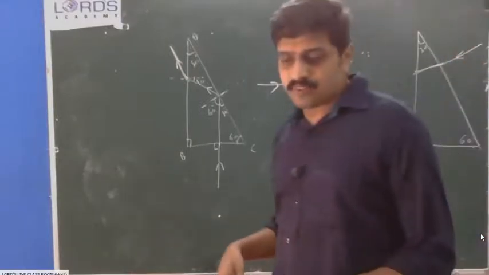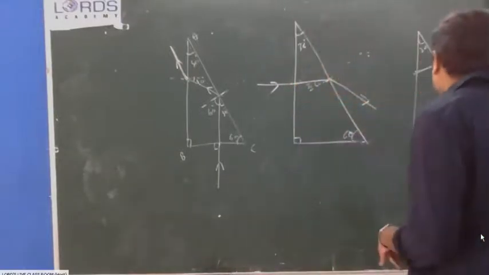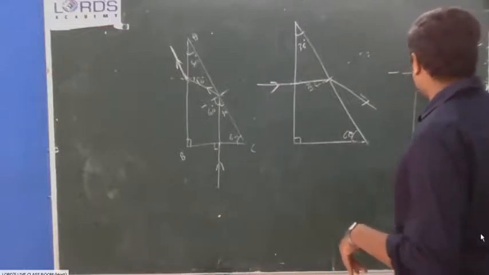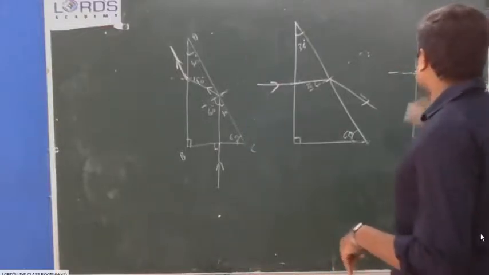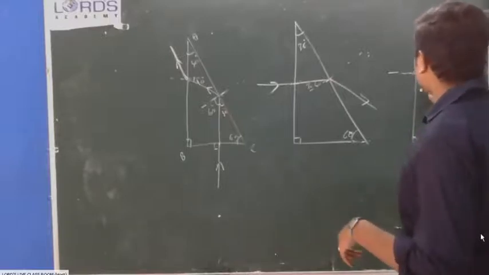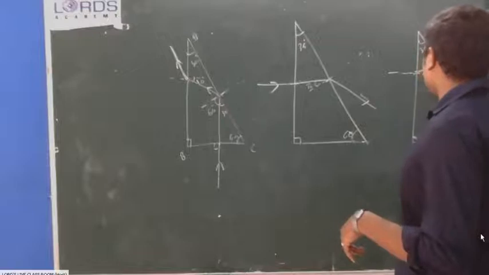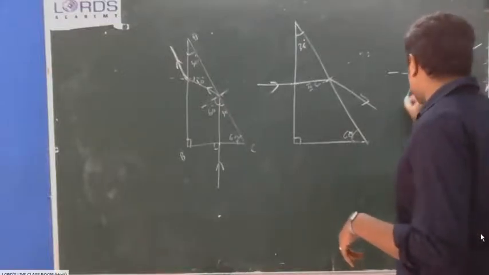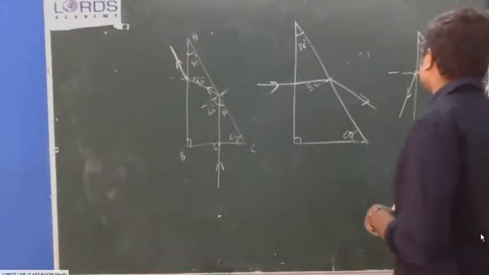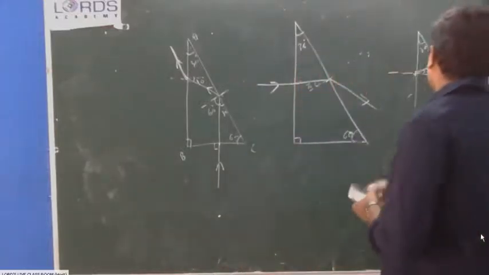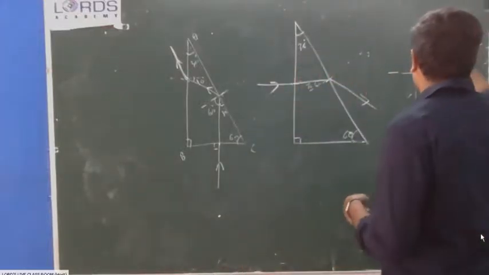Denser to rarer. The angle of incidence is around 30 only. Denser to rarer, it bends away from the normal. Not that much bending, but anyway, denser to rarer, it bends.